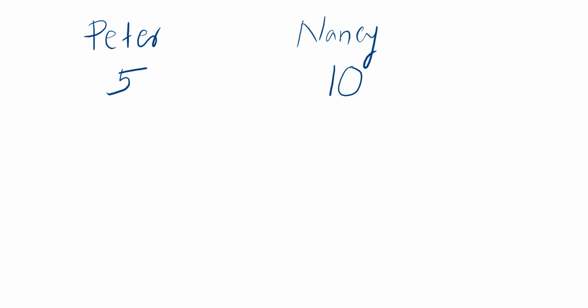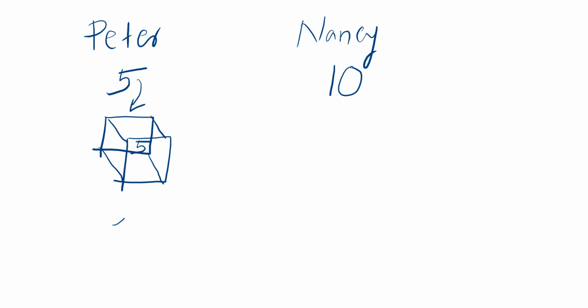So we want Python to remember that Peter has 5, Nancy has 10, right? Let me make a box here, okay? I'm going to put this 5 into this box.